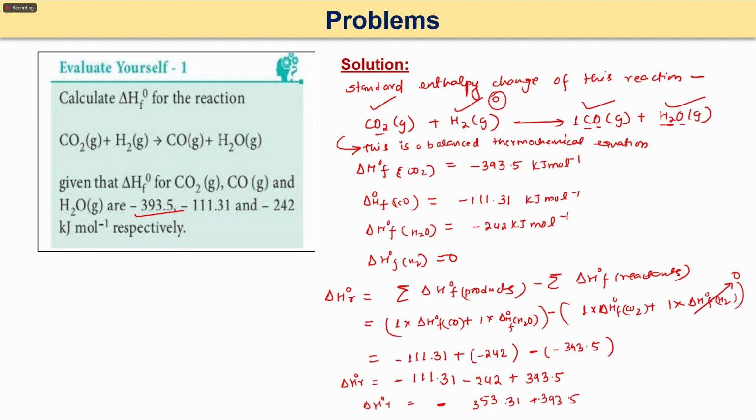Let me just check it. Okay, this is right. Now I'll solve it for you. Now we have 393.5 minus 353.31.